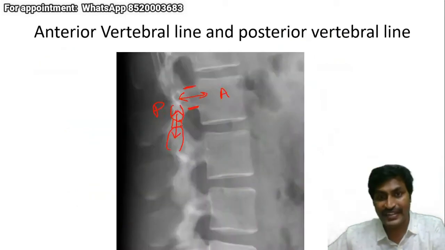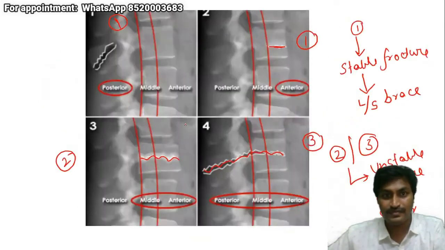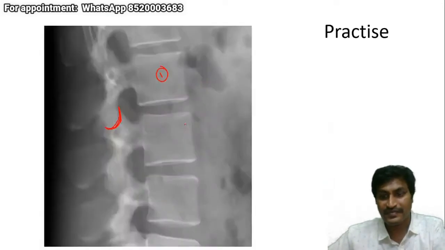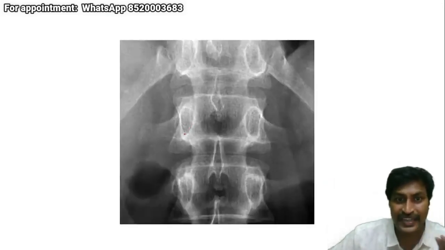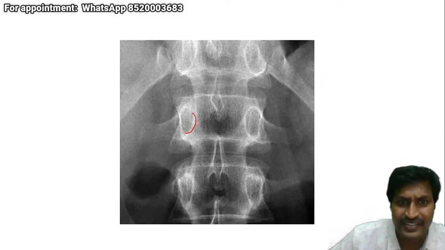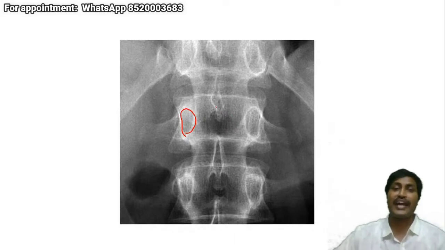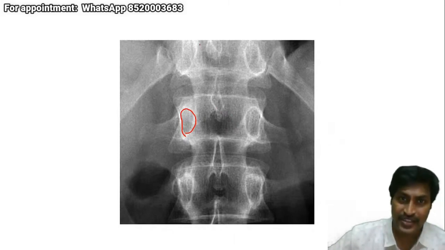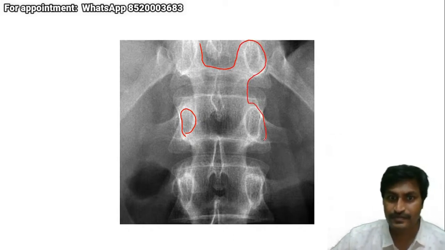Even in the AP view, let us see this again. If you have to identify the pedicle, pedicles are very easy to identify. These prominent structures are the pedicles. But if you have to identify the pars interarticularis, we'll have to draw the butterfly again. This is the butterfly which I am drawing.